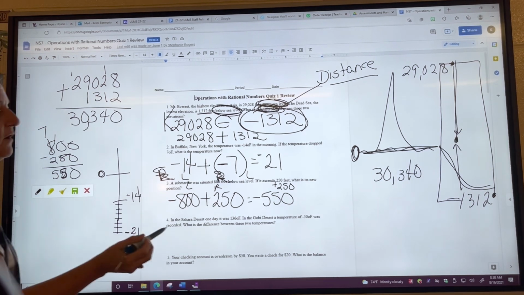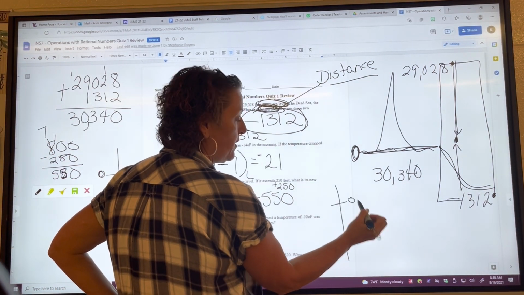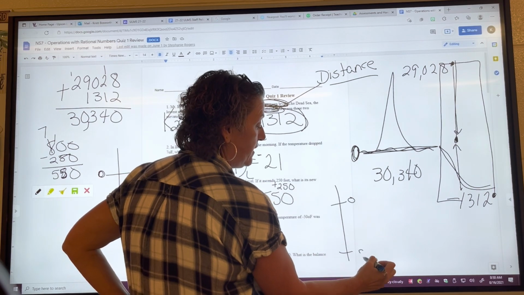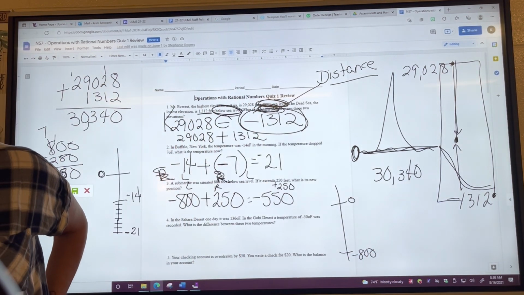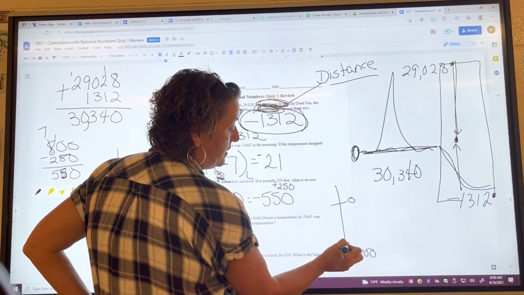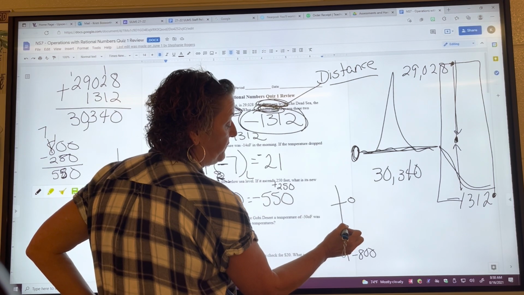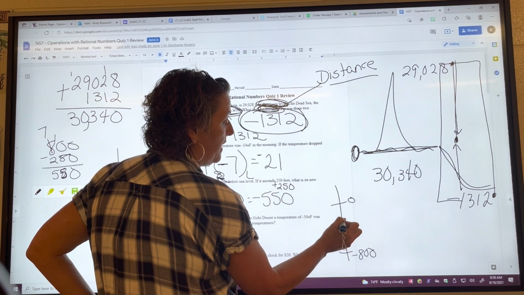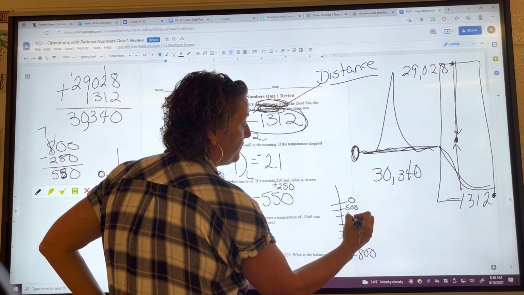Let's look at it right here on a picture. Here's 0. We're at negative 800, right? Here's 800. Here's 750, 700, 650, 600, 550, 500. This is 500. This is 550.